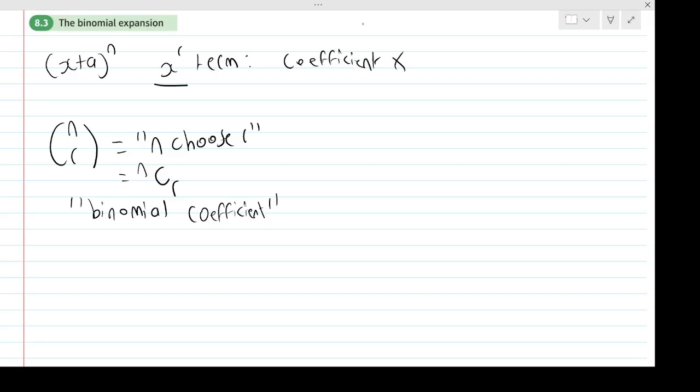Then we have the x term, x to the power of r. So we're in the rth part of the expansion. So x to the r, and then the other number a we add in the bracket as well.